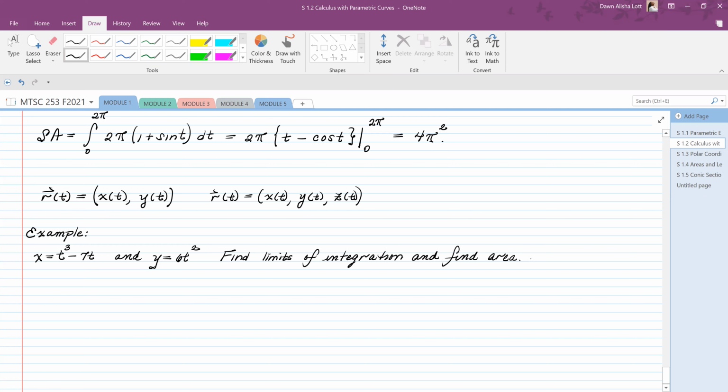If I set these equal, I get when x and y are equal. I'm trying to think how I would find the limits of integration here. So if I have t cubed minus 7t equals 6t squared, then that would give me t cubed minus 6t squared minus 7t equals 0.